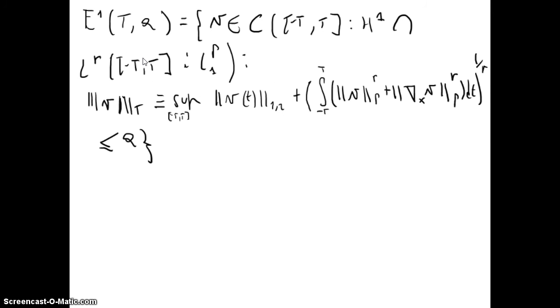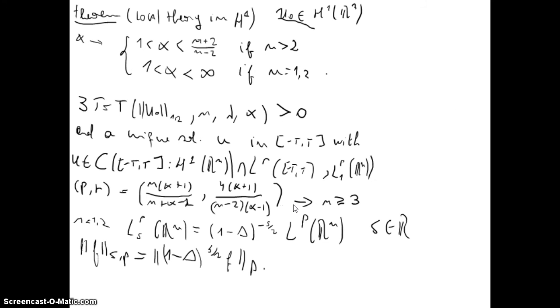Once again we will define the set E of the u's where the solution is going to be in C H1 intersection L^r W^{1,rho}, and such that the u's have this norm, the supremum of u, now u is going to be in the form 1, 2, and now the integral is going to have this term of the gradient with respect to x, less than or equal to a, all the same as we used before.